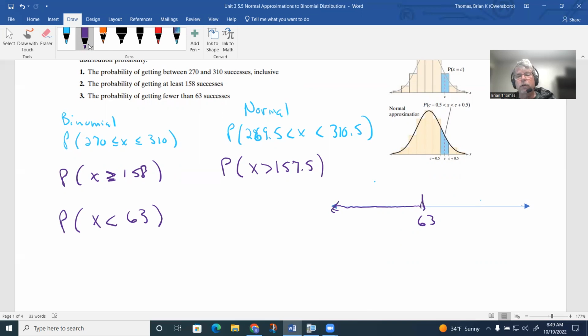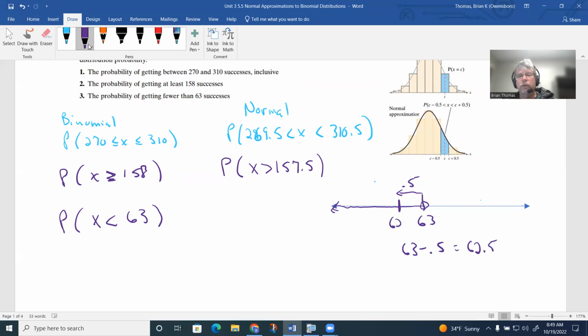So here, we're not including the 63. To not include the 63, I don't want to move to the right, because if I move to the right, that's going to include the 63. You actually got to move to the left 0.5 to exclude that out of the interval. So we have to move over to this spot. So that means I have to go 63 take away 0.5, which would be 62.5.